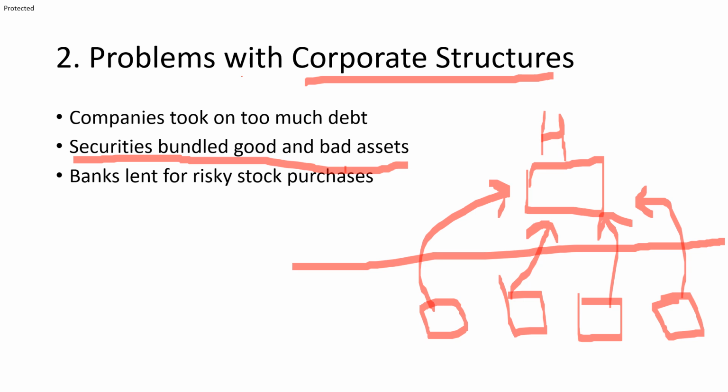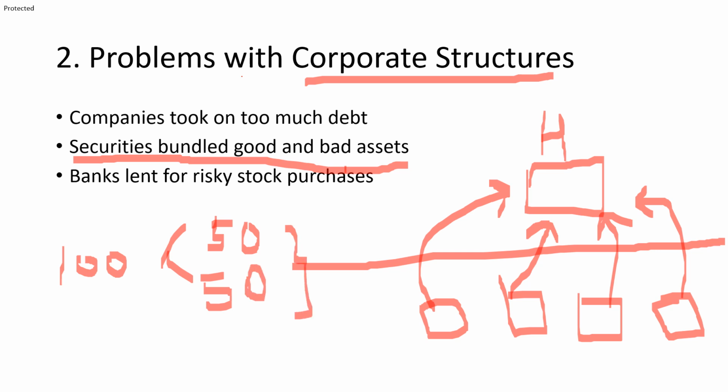So let's say a bank issues 100 loans, and then out of these 50 loans are given to good borrowers and 50 loans are given to weak borrowers. So the bank could basically sell this, make it a bundle, and sell it as a product to investors.